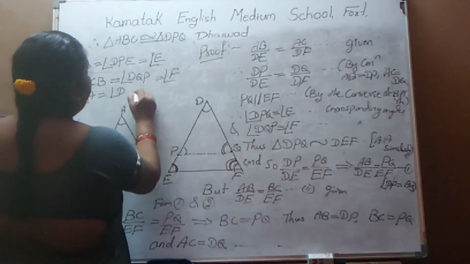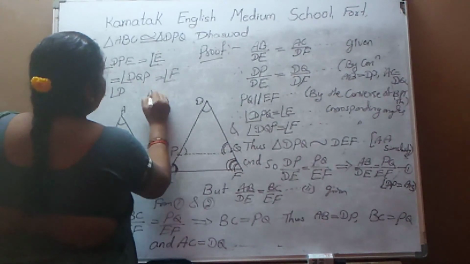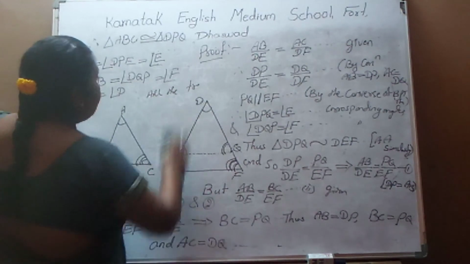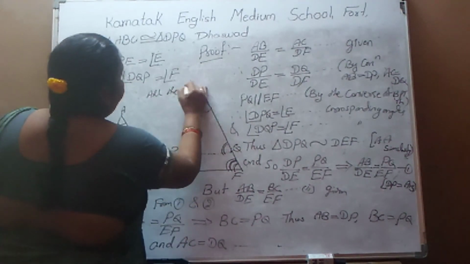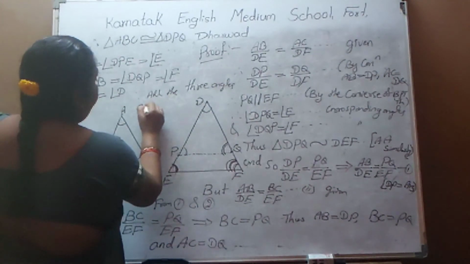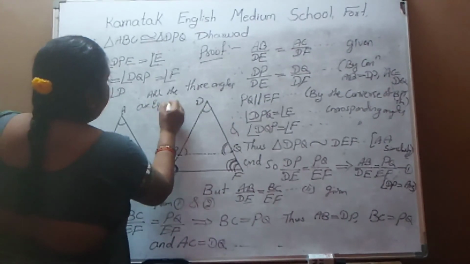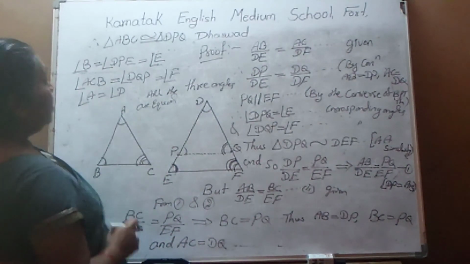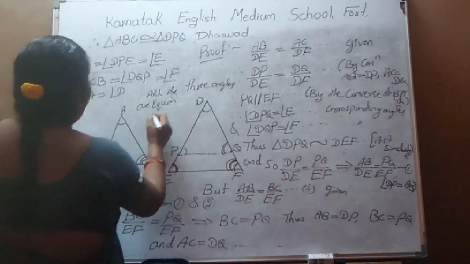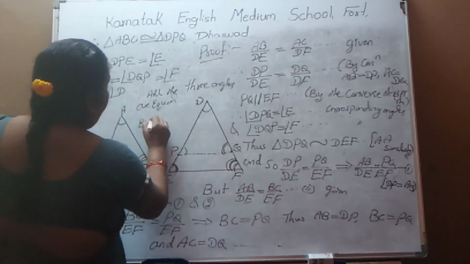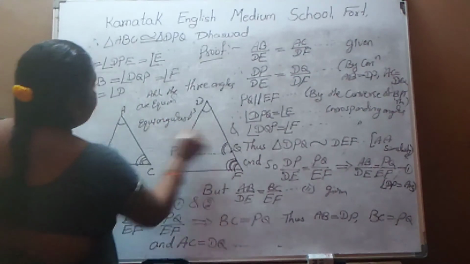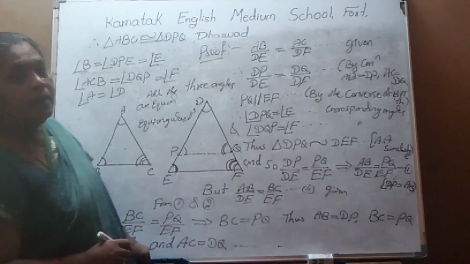Therefore, all the three angles are equal. When three angles are equal, that is equiangular. These two are equiangular triangles.